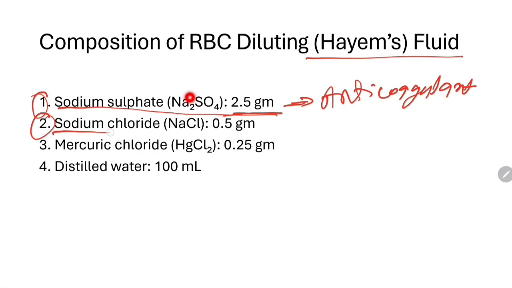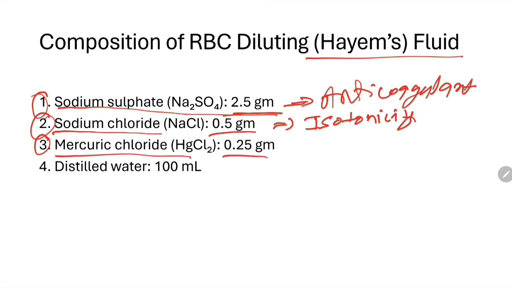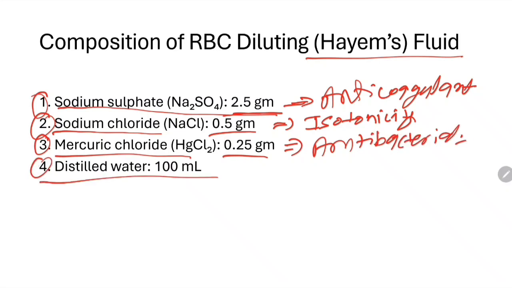Then second one is sodium chloride, which maintains isotonicity of the diluting fluid. Then mercuric chloride, 0.25 gram, which is used for its antibacterial, antifungal properties. And then distilled water to make it 100 ml. So these are the basic things, and that is the composition of Hayem's fluid.